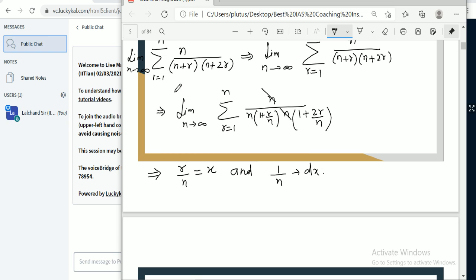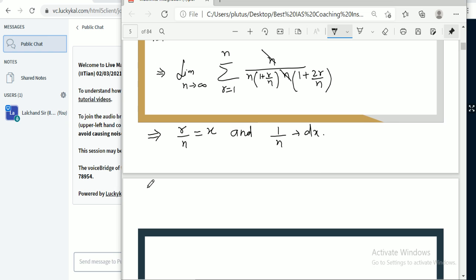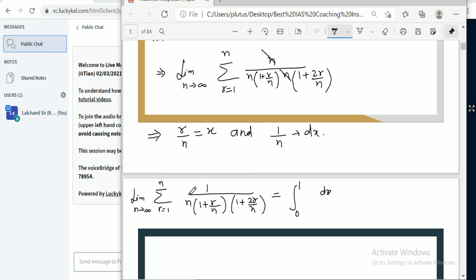If we convert this sigma into an integral, this equation is equivalent to the limit as n tends to infinity, sum from r equal to 1 to n, of 1 upon n, 1 upon 1 plus r by n, 1 plus 2r by n. That is equal to the integral from 0 to 1, with 1 by n as dx.